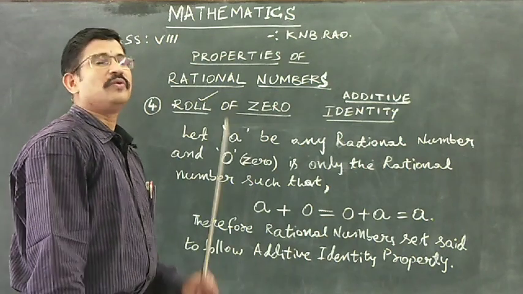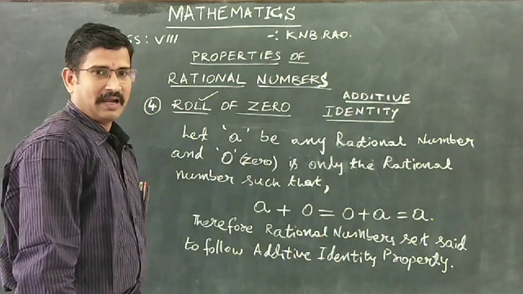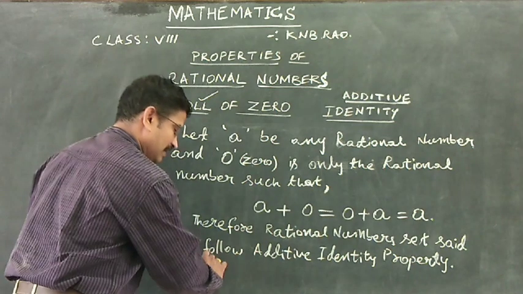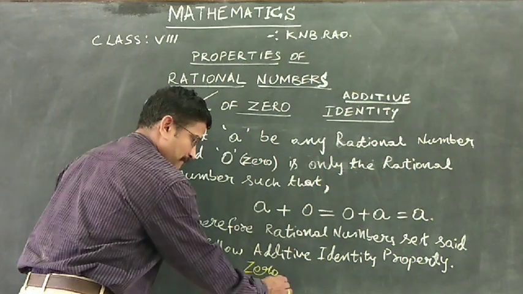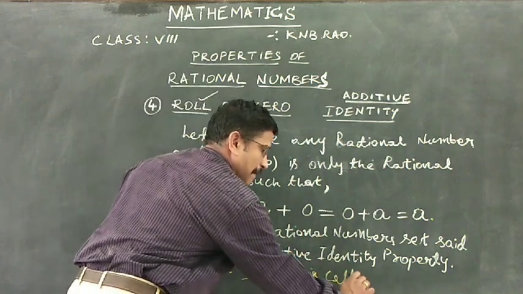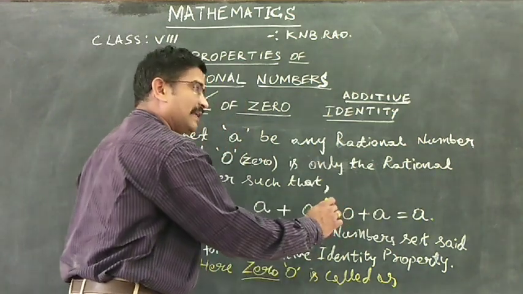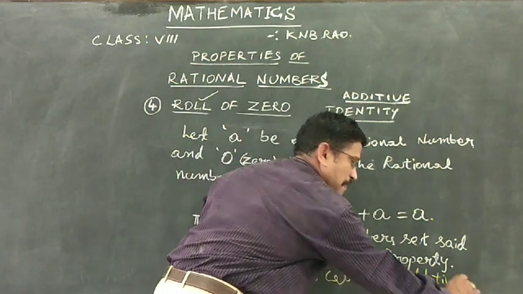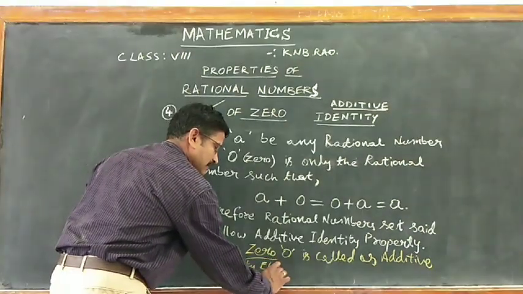Okay? Here we can write some examples. I have already given you some examples. What do we call this 0? That is called the additive identity element.